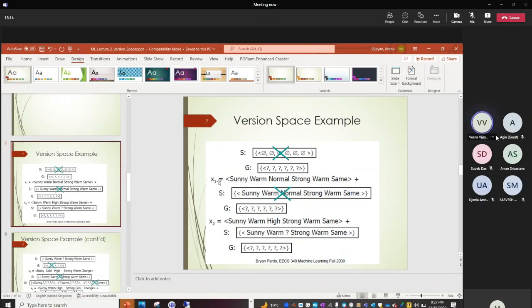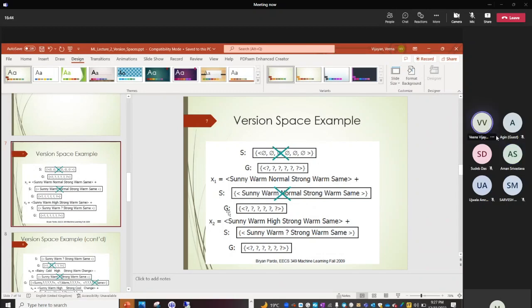So we have the instance. X1 is the instance. The instance has sunny, warm, normal, strong, warm, same. And we will match each attribute with the specific case attribute. So null is not equivalent to sunny. So we will replace it with sunny. Same way, null is not equivalent to warm. We will replace it with warm. Like that, each value we will replace and create a new specific hypothesis.